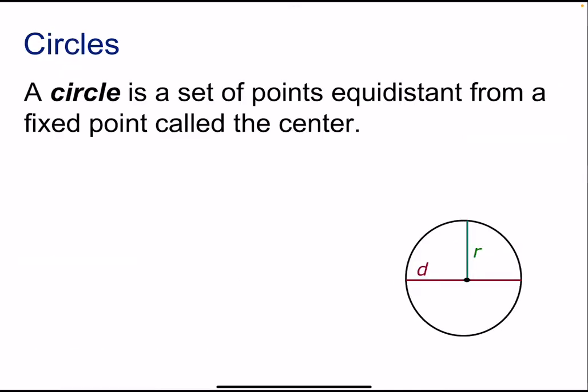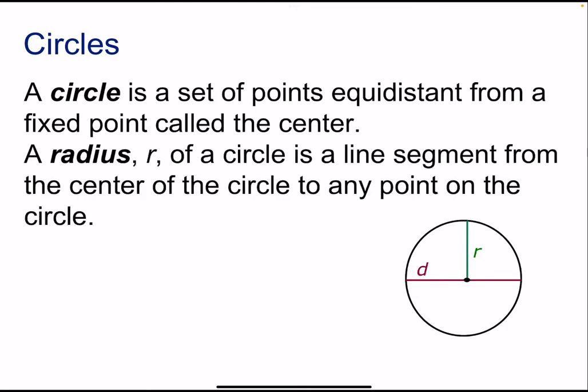Circle. It's not strange to us. Actually, you can easily make a circle. A circle is a set of points that are equidistant from a fixed point called the center. So this point is the center. And the circle has a radius.